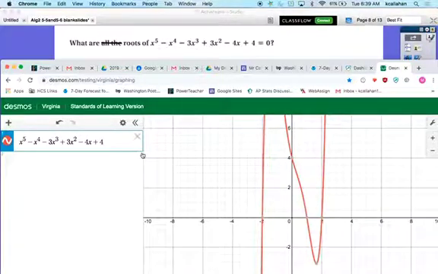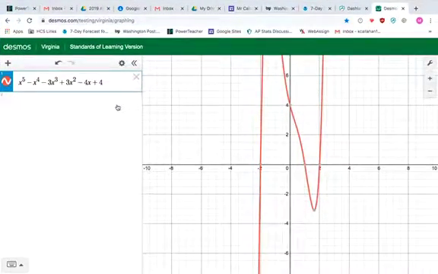Let me zoom in on this, zoom out. I mean, it's easy to see. Here's our real roots. Looks like there's one at -2, 1, and 2. That's 3.